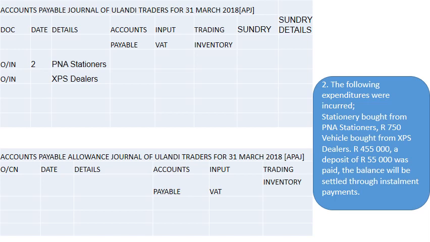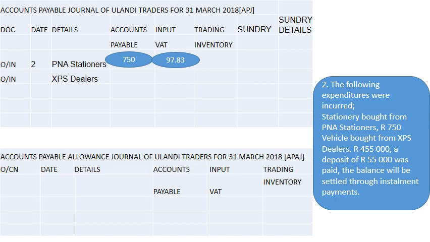Under the source document, we will use the original invoice that we have received from a creditor, dated the 2nd. Under the details, we write the name of the creditor, P&A Stationers. In the accounts payable column, we reflect the amount inclusive of VAT, calculate VAT on the inclusive amount, and arrive at 97 rand 83 cents.